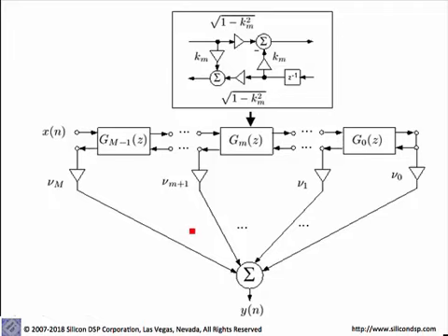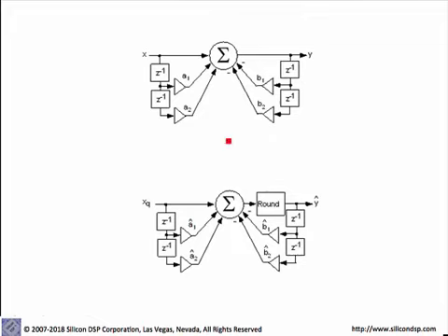Going back to the cascade form filter, where here we have this section for a biquad, depending on the poles and zeros that represent this biquad section, the values of the signals within the nodes here may grow such that when you implement them with fixed point arithmetic, you may have overflows, and that of course is a catastrophic failure.